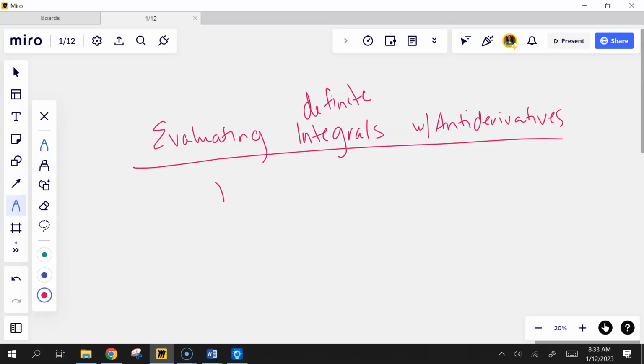So if I have this, remember the integral, whenever I integrate, I'm going backwards from derivative, right? So I'm doing antiderivative. How do I indicate antiderivative? If f of x is my function, the capital F, right?